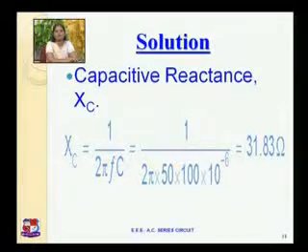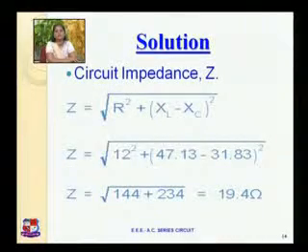So whenever you find the Z, which is equal to R square plus XL minus XC square, XL is higher than XC, so it will indicate that inductive part of the circuit is higher than the capacitive part of the circuit. And as we know, if you are considering the inductive circuit, your power factor is always lagging. But if you consider the capacitive circuit, your power factor is always leading.